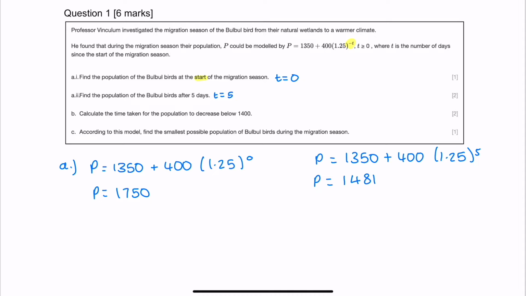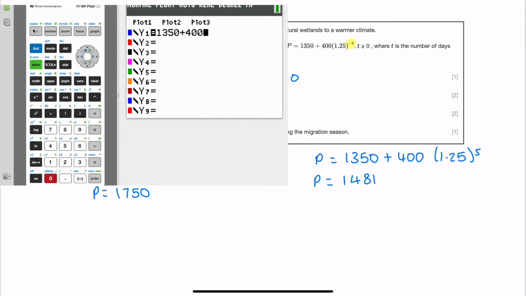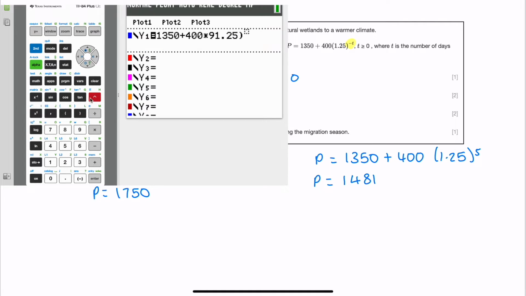So for the next part, it's the time taken for the population to decrease so that it goes below 1,400. For this one, I'm going to want to use the GDC, and I'm going to type in my graphing model, so 1,350 plus 400 times 1.25, and that's all to the power of negative x.